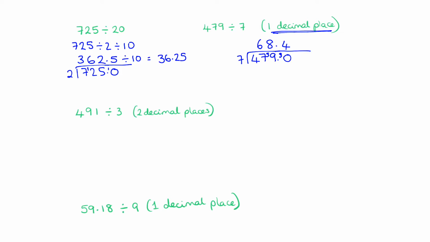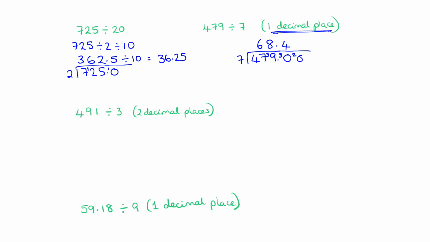Now, the question said to give our answer to one decimal place, but we can see that this decimal's not terminating here, it's not finishing because we've got 2 to carry on. Okay, so what that means is because this decimal would go further, to give it correctly to one decimal place, we need to work it out to 2 decimal places and round it.